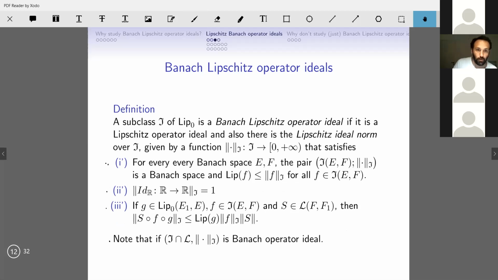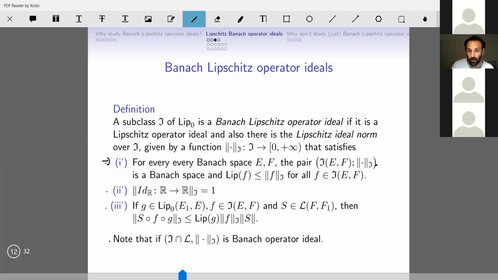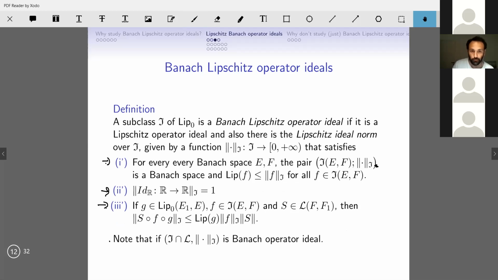Also, we can add a norm to this class such that for any Banach spaces E and F, this space with this norm is a Banach space. The norm of the identity of R is 1, and we also have this inequality saying something about the composition.